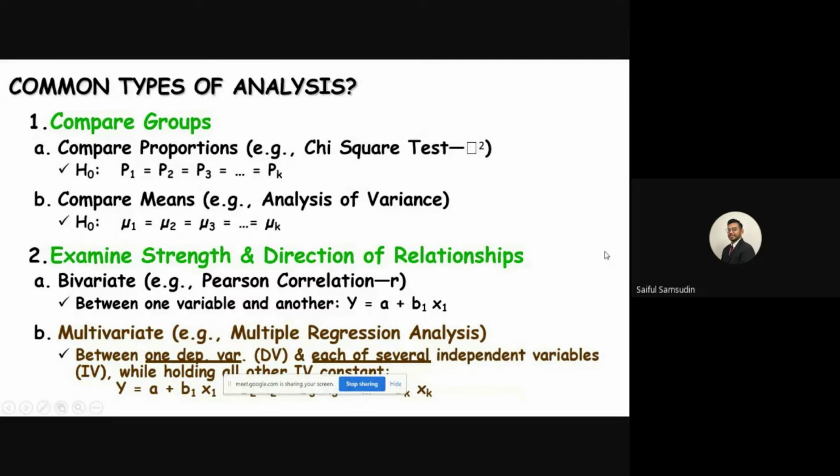We want to know the relationship between one variable and another, and then we have multivariate. We can see multiple regression analysis, which is the relationship between several independent variables and the dependent variable.